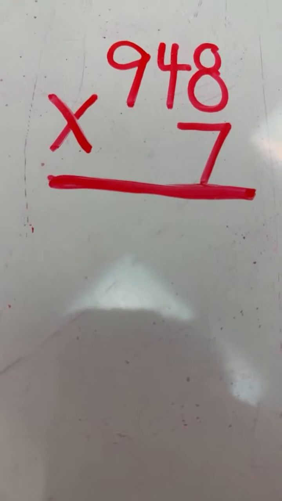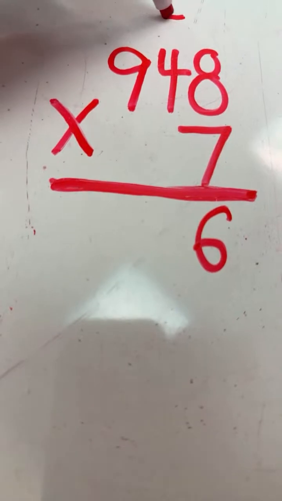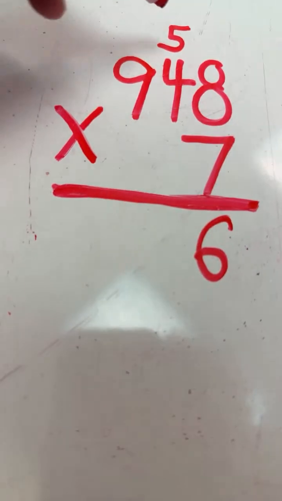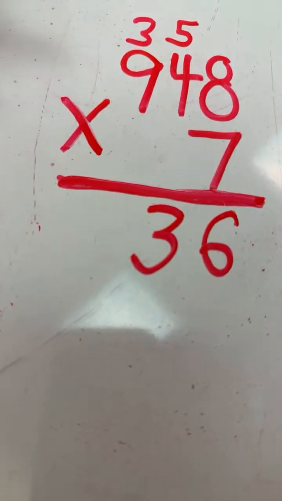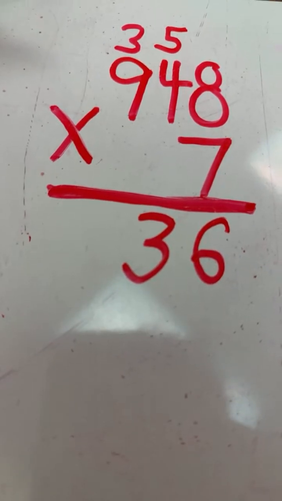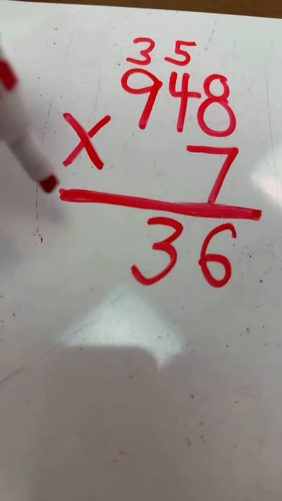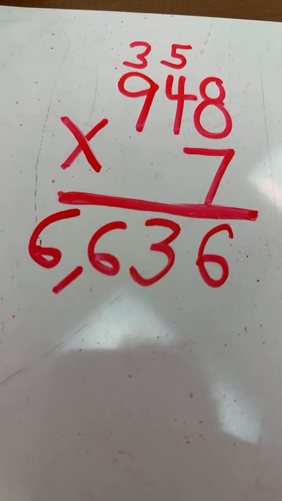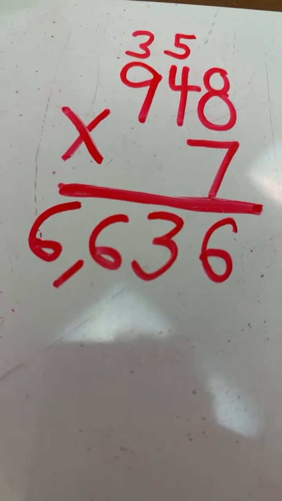So, starting in the ones place, 8 times 7 equals 56. 6, carry the 5. 4 times 7 equals 28, plus 5 equals 33. 3, carry the 3. 9 times 7 equals 63, plus 3 equals 66. And we have our final answer. 948 times 7 equals 6,636.